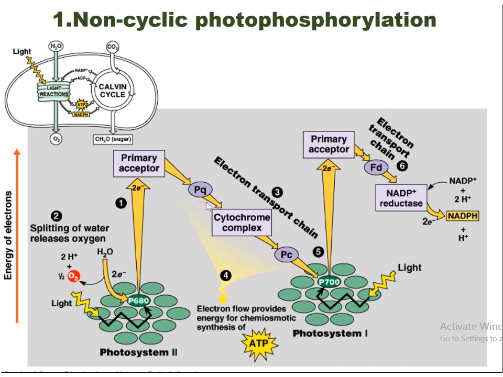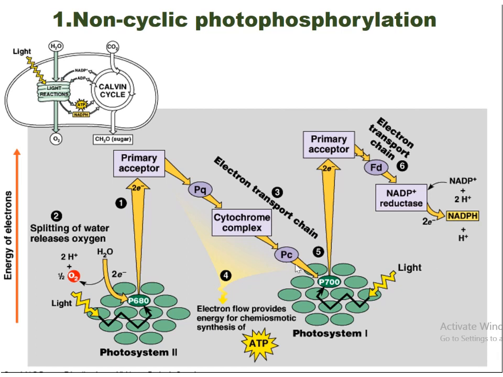Okay, and then these 2 electrons from plastoquinone are transferred to the cytochrome complex, more specifically cytochrome F, and then cytochrome B, and in this step some energy is released. As a result, ADP is converted into ATP.